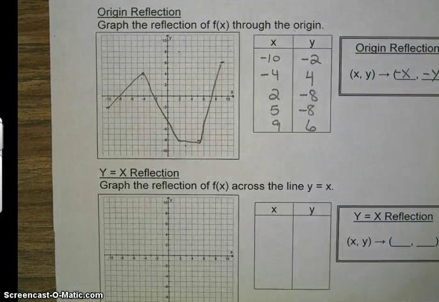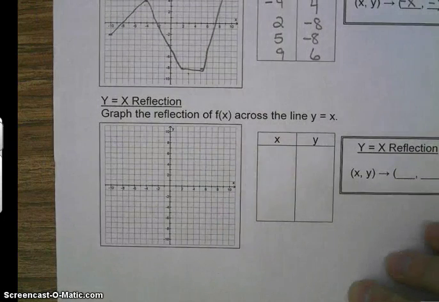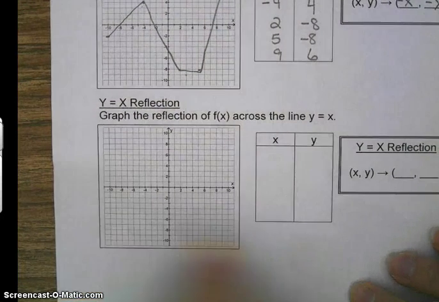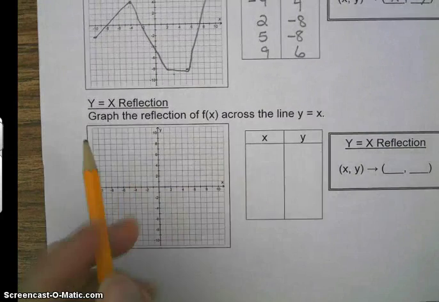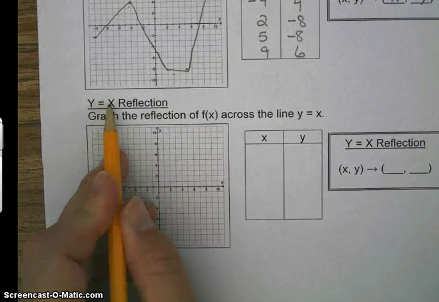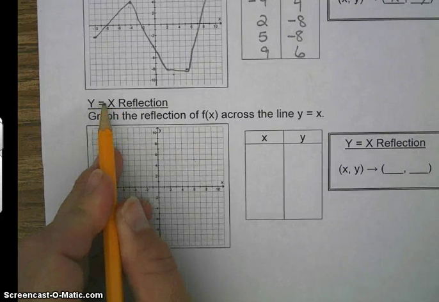Okay, last reflection, reflecting over the line y equals x. So in this case, we already know this, because remember, y equals x is the line of reflection, or the line of symmetry for our inverse functions.